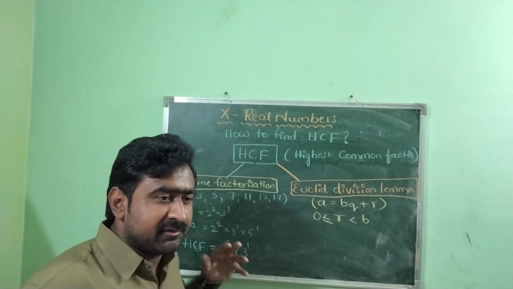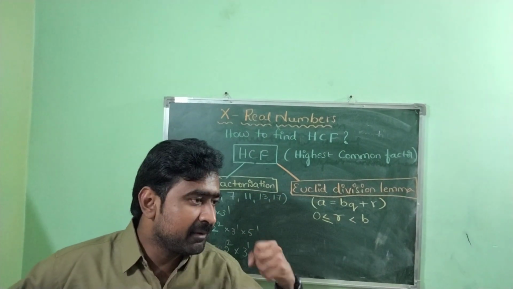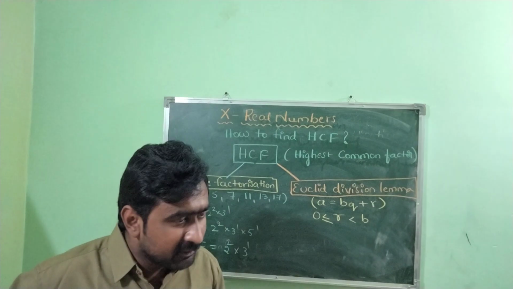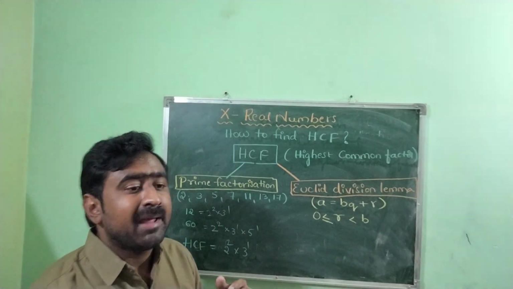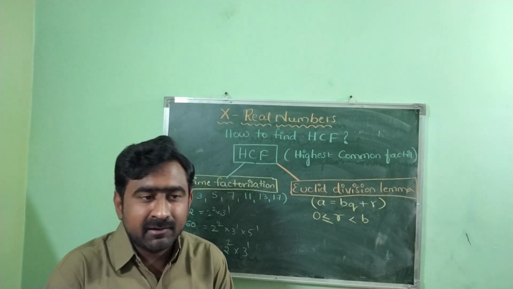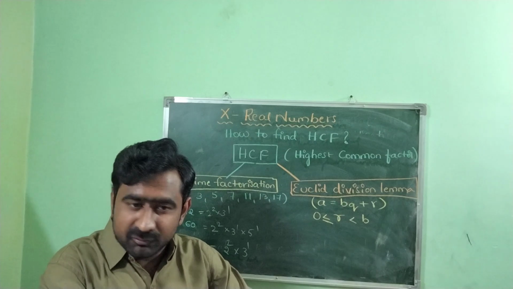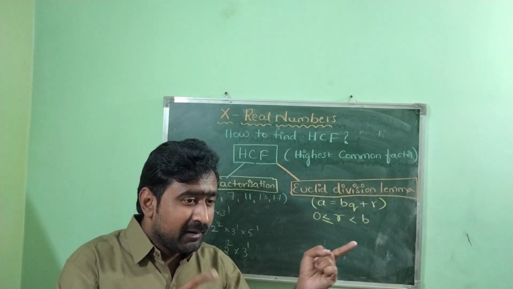Since 7th class you may have learned about prime numbers, composite numbers, even numbers, odd numbers. So correct or not? Here the word prime number is nothing but a number which has the factors of 1 and itself. There is no other factor, only 1 and itself.